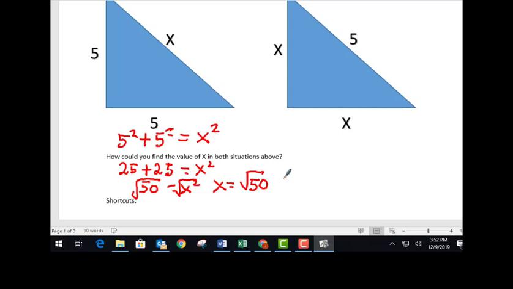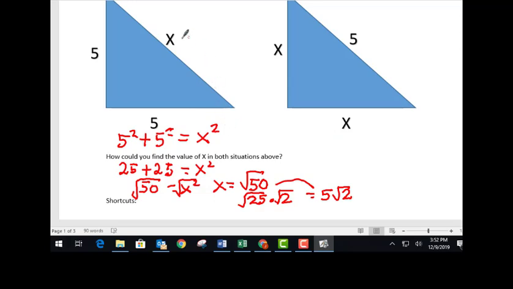Just for the sake of what we're doing right now, I'm going to break this apart. 50 is the same thing as 25 times 2, so the square root of 50 is the square root of 25 times the square root of 2, which equals 5 times the square root of 2.